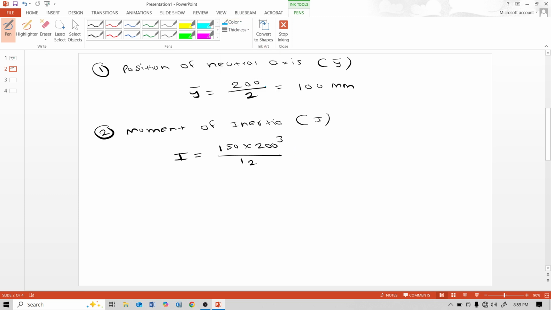And these are two rectangles, that's why I deduct minus two rectangles multiplied by moment of inertia, 70 multiplied by 180 cube divided by 12.